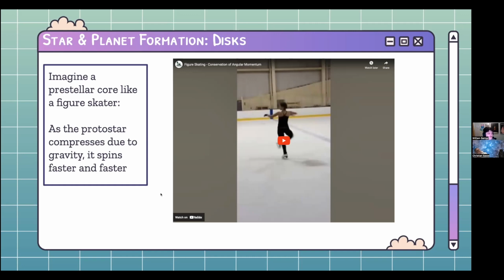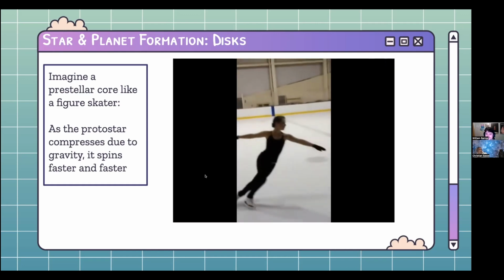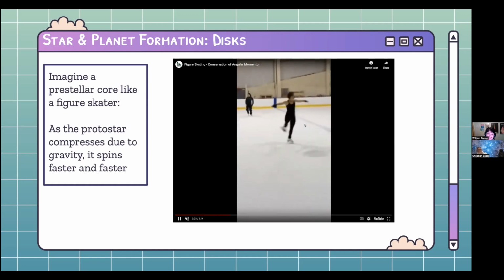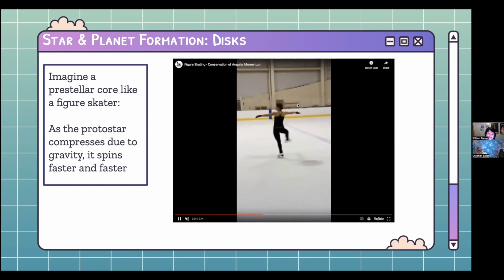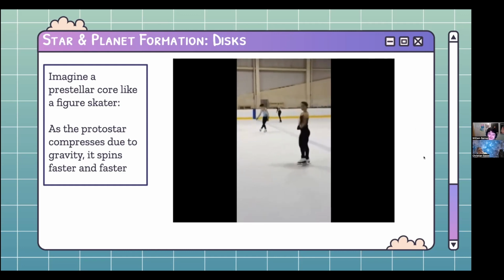So what you're left over with at the center of these cores is a newly ignited protostar that's very hot and spinning very fast. I'll show the video once again to illustrate this effect. So this is just conservation of angular momentum.